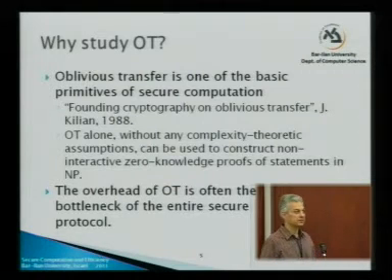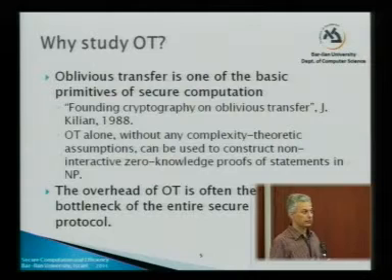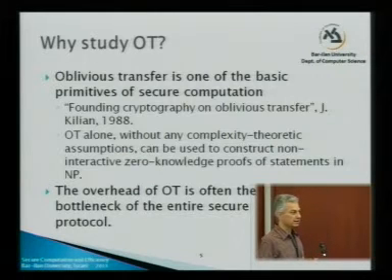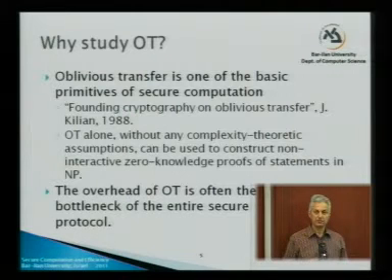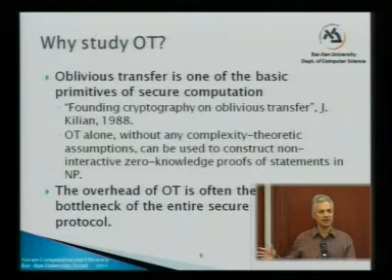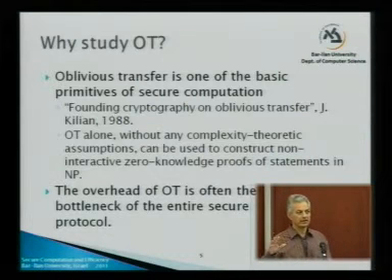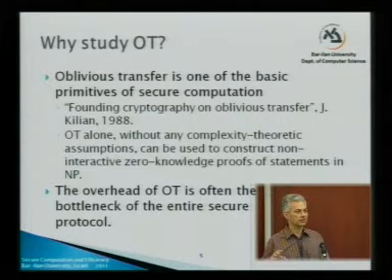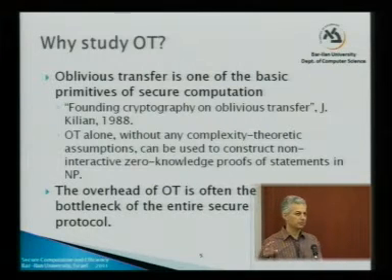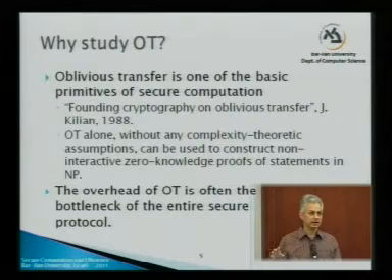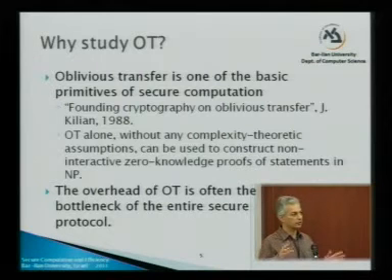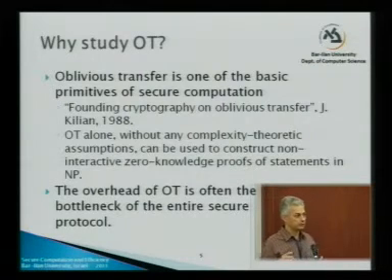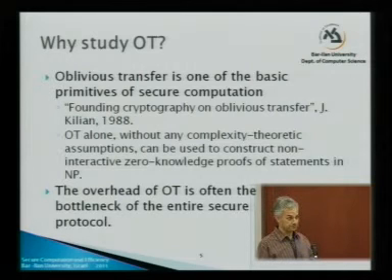Also, Oblivious Transfer is used extensively in secure computation. Often it is the bottleneck in terms of efficiency. This is somehow related to what I said in the previous slide. Many times, most of the overhead of the secure computation is spent on doing the Oblivious Transfer. So if we improve the Oblivious Transfer overhead by, say, 20%, then the overhead of the entire protocol might be improved by something close to 20%.